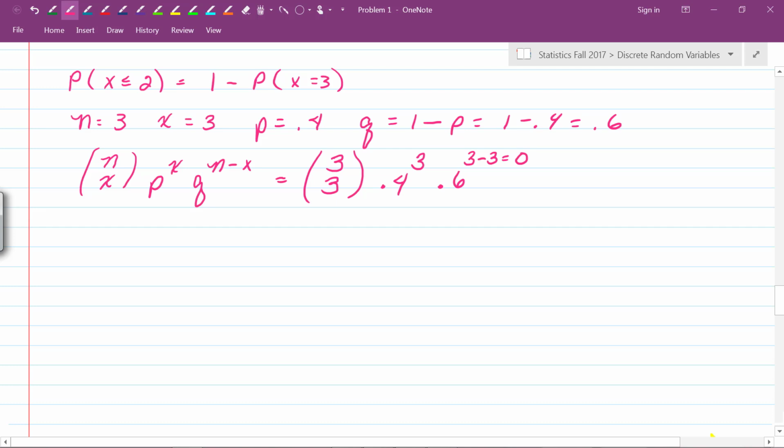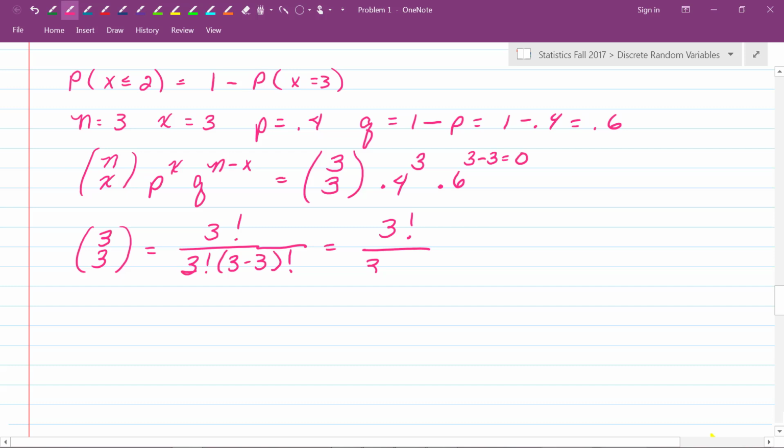Now, 3 choose 3 is equal to 3 factorial divided by 3 factorial times 3 minus 3 factorial. So that is 3 factorial divided by 3 factorial times 0 factorial.